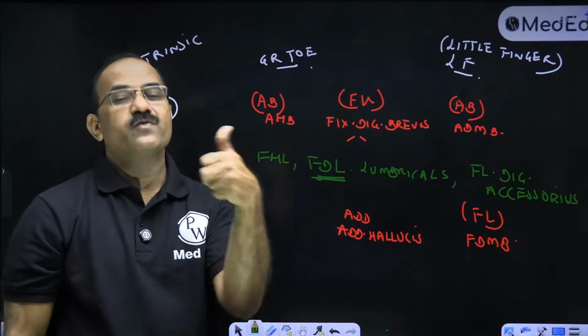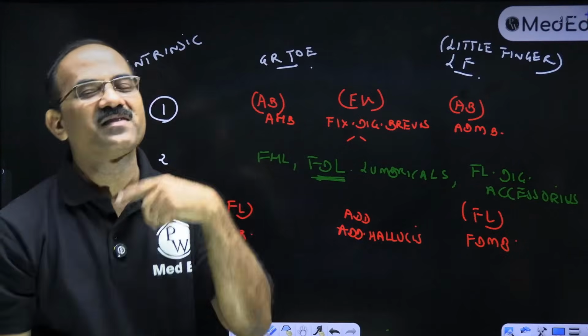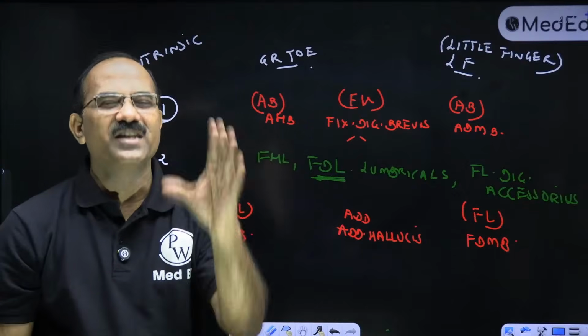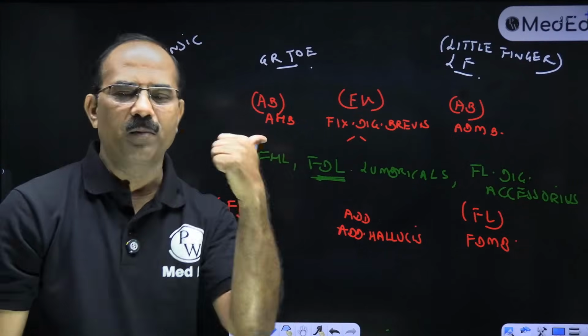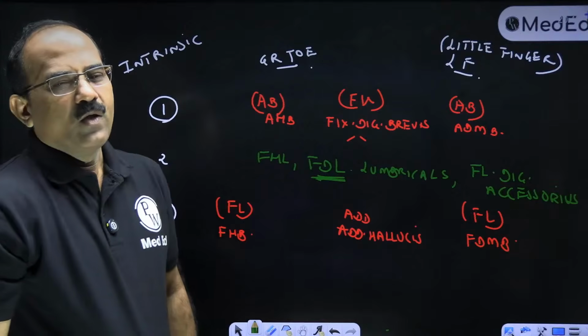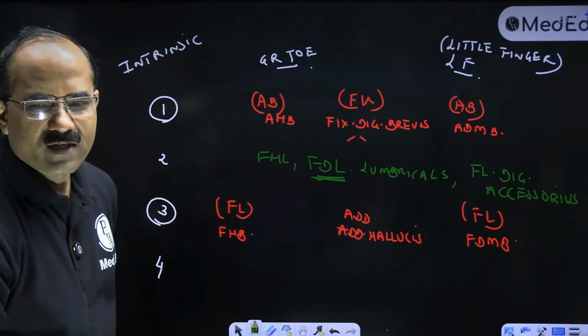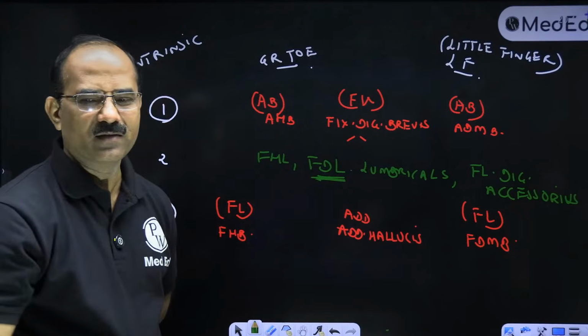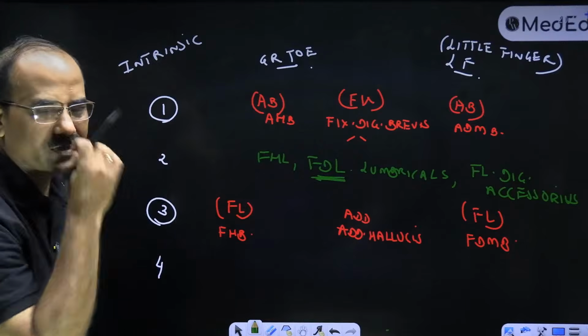In the second layer of the sole we have flexor hallucis longus, flexor digitorum longus, flexor digitorum accessorius, and lumbricals. Okay, and the last layer of the sole. Flexor digitorum accessorius, quadratus plantae.